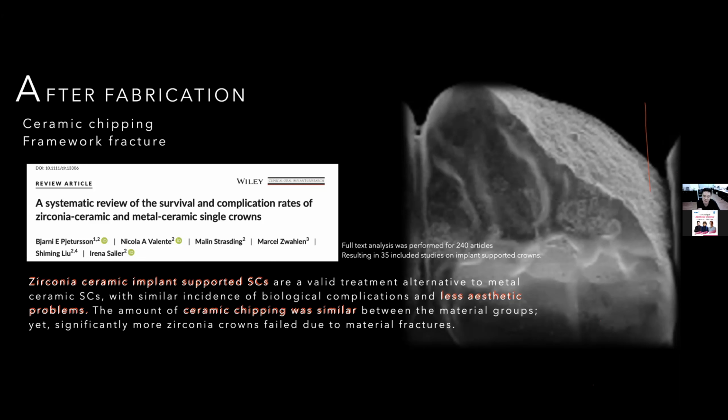So for implant restoration, I think zirconia is better than metal ceramic. So this is the interesting conclusion. If you have any interest in this article, you can research it on maybe PubMed. You can see this. This is very interesting.